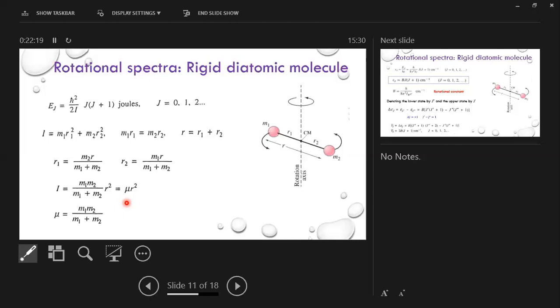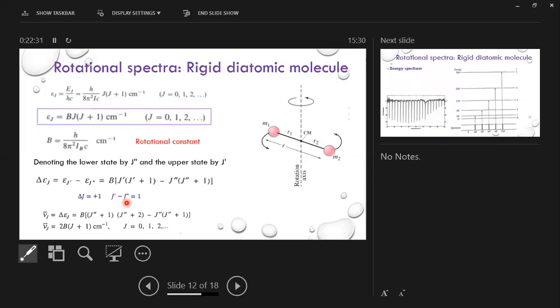However, in molecular spectroscopy, it is very convenient to express the energy in terms of wave number. Wave number means 1 by lambda, the number of waves per unit length. So what will that be? 1 by lambda is E by hc, and that is termed epsilon j. So epsilon j equal to Ej by hc.